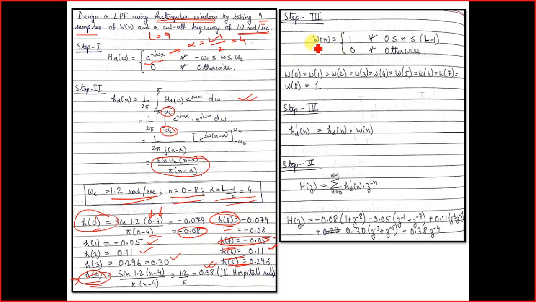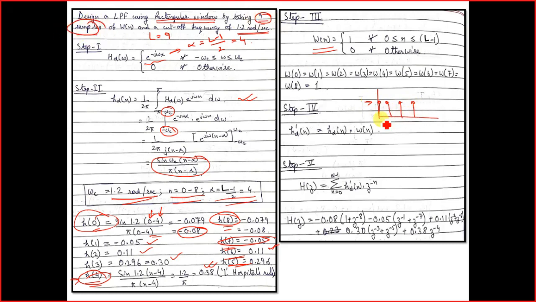Now we have to calculate the window parameters. So Wn for a rectangular window has values of 1, and we have to take 9 samples.